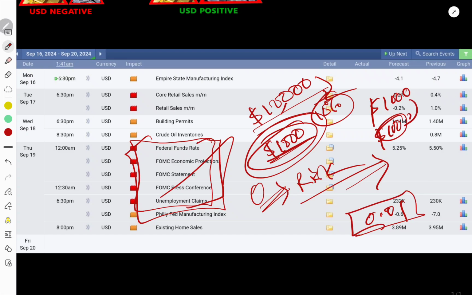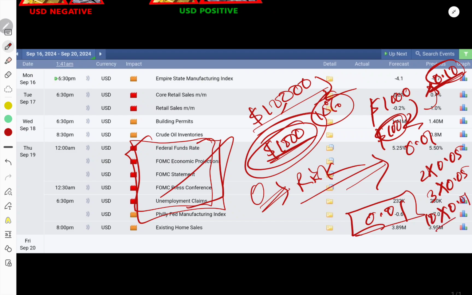When your account size is smaller, your lot size will be smaller. When your account size is larger, your lot size will be larger. So for 0.10, you may take 2 of 0.05, or 3 of 0.03, or 10 of 0.01. If you have $1,000 equity, you can take 10 entries of 0.01, or 2 entries of 0.05, or 1 entry of 0.10.